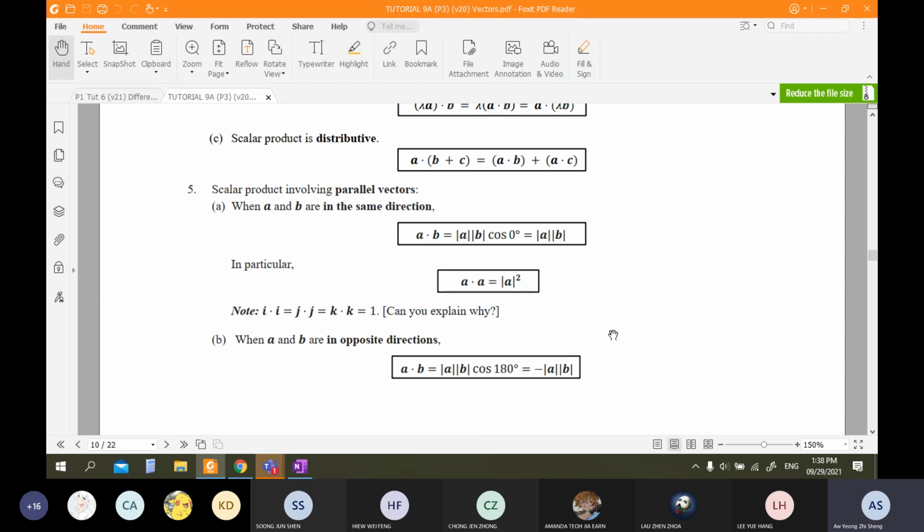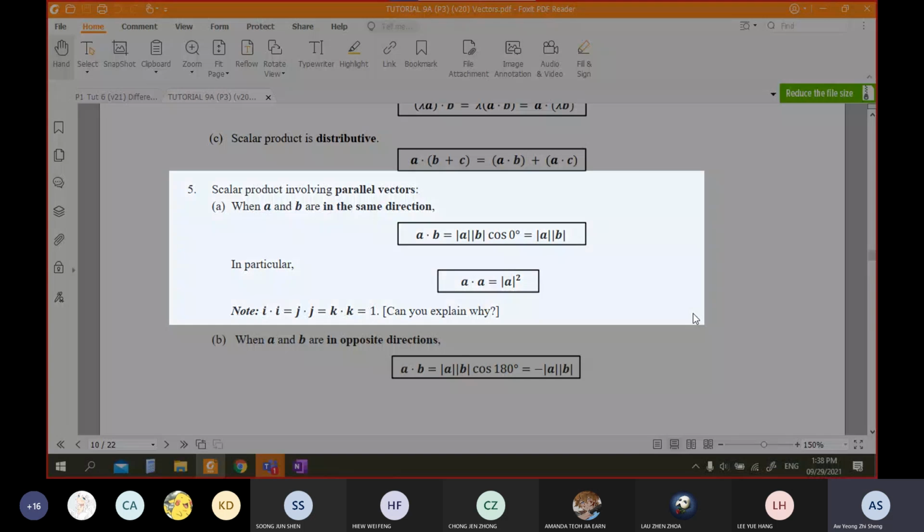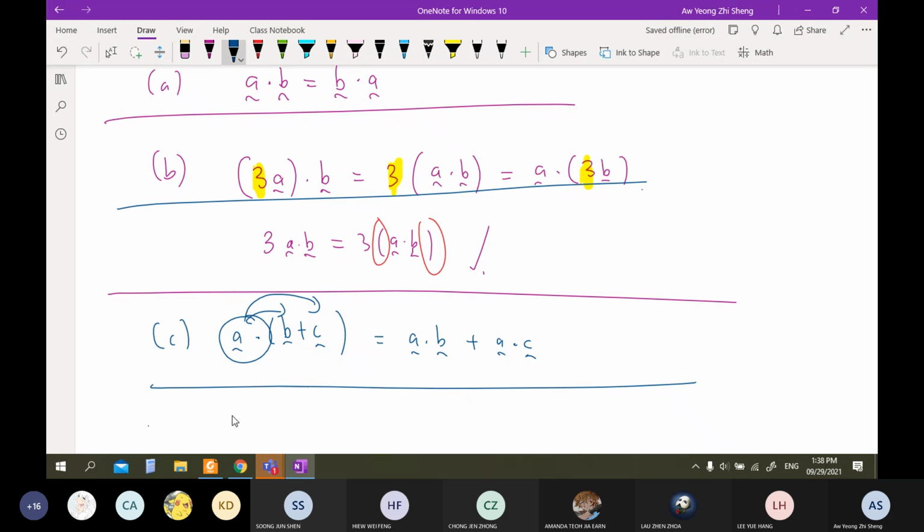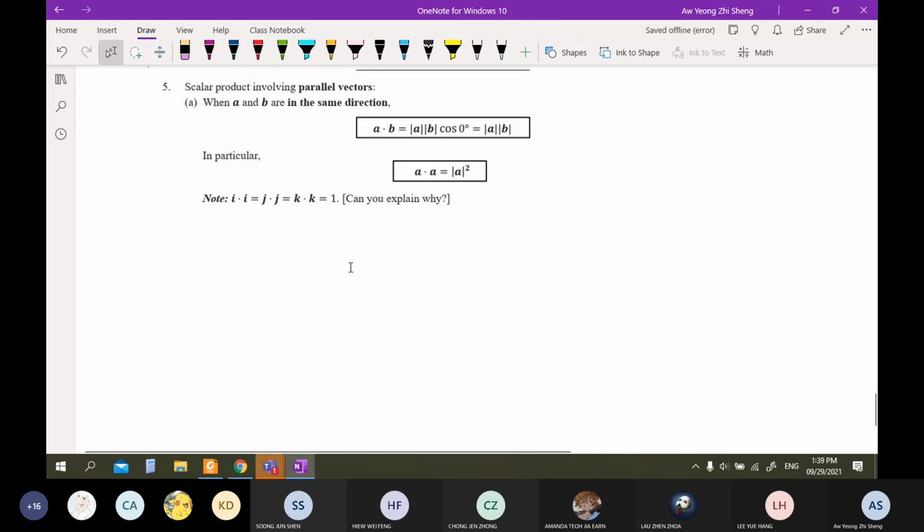Moving on to point number 5. Scalar product involving parallel vectors. Remember that parallel vectors means there are two possibilities.